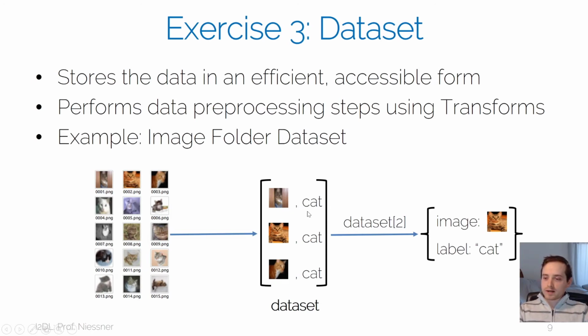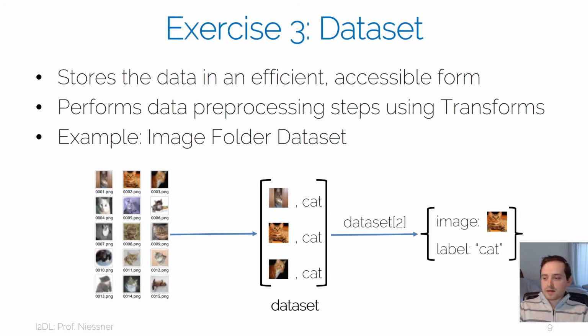Here they're all cats, but it could be mixed with cats and dogs. So you would want a cat image with the label cat, and a dog image with the label dog. Then you want to be able to access it efficiently, so that if you request element number 2 of the data set, you get the second one, and you have easy access to the image and the label during training.